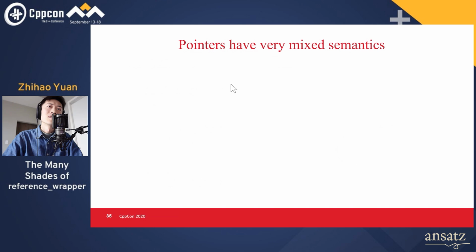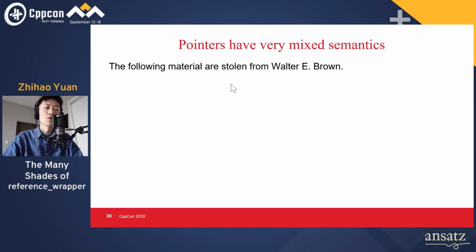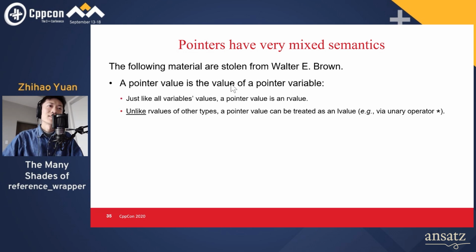To me, pointers have very mixed semantics. The following material is stolen from Walter E. Brown. If you come to CppCon but don't know who he is, please look up his videos on YouTube. So Walter says, a pointer value is a value of a pointer variable.